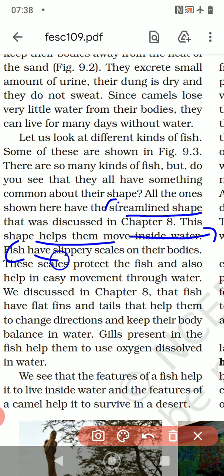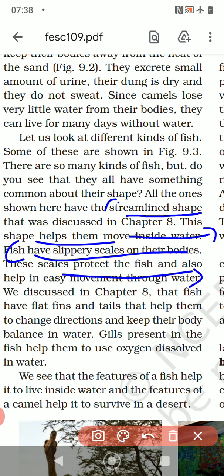Next, fishes have slippery scales on their bodies, and these scales protect the fish and also help in easy movement through the water. If somebody tries to catch it, because it is so slippery, it just slips away. So it protects.